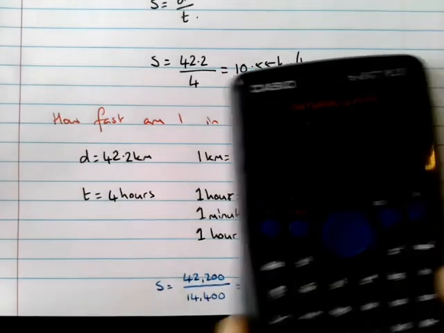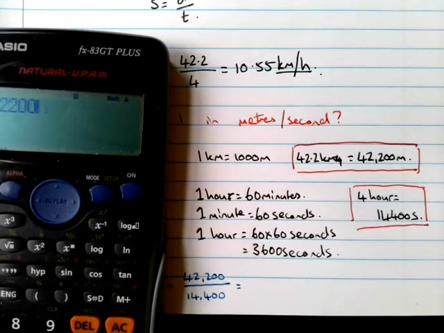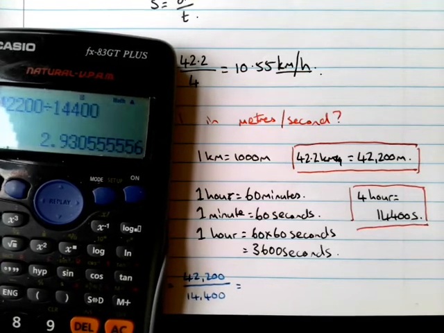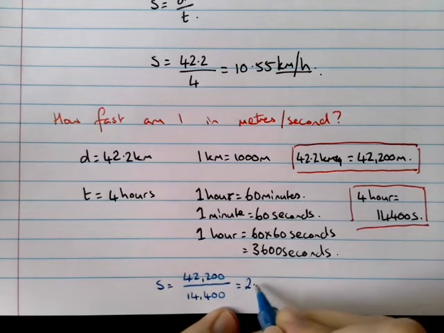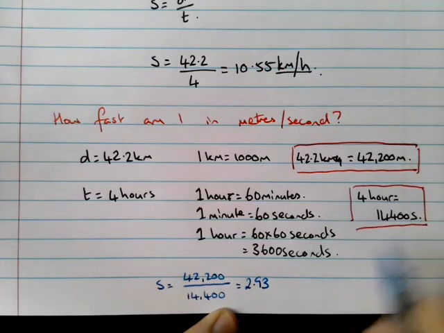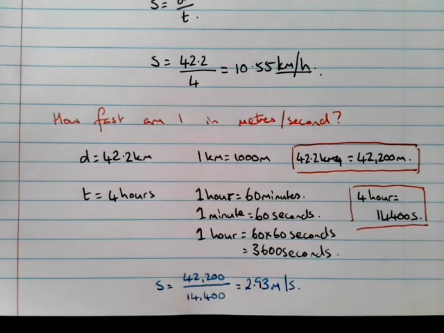If I work that out, 42,200 divided by 14,400 gives me 2.93. And remember, this is meters, this is seconds, so it's meters per second. Okay? Right, let's do another one.